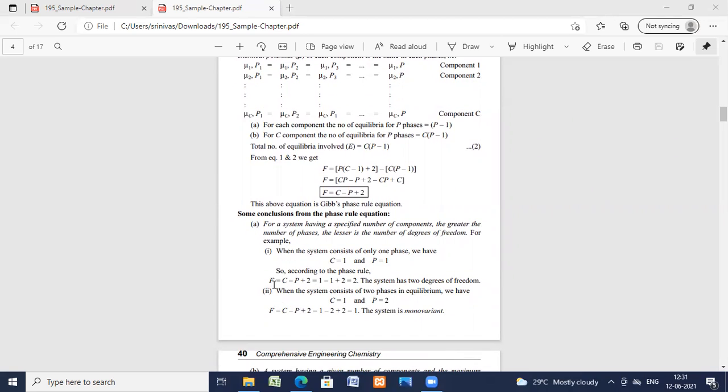According to the phase rule, F is equal to C minus P plus 2, which is 1 minus 1 plus 2 is equal to 2. The system has 2 degrees of freedom. Now F is equal to C minus P plus 2, which is 1 minus 2 plus 2 equal to 1. This is a monovariant system.